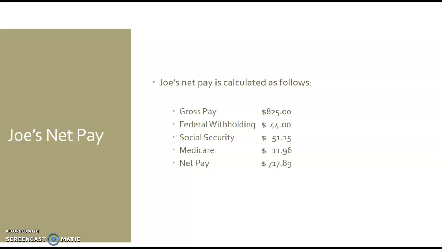Social Security is 6.2%, and it calculated to $51.15. And Medicare tax is 1.45%, or $11.96. So, if you subtract federal withholding, Social Security, and Medicare from his gross pay, Joe's net pay will be $717.89.